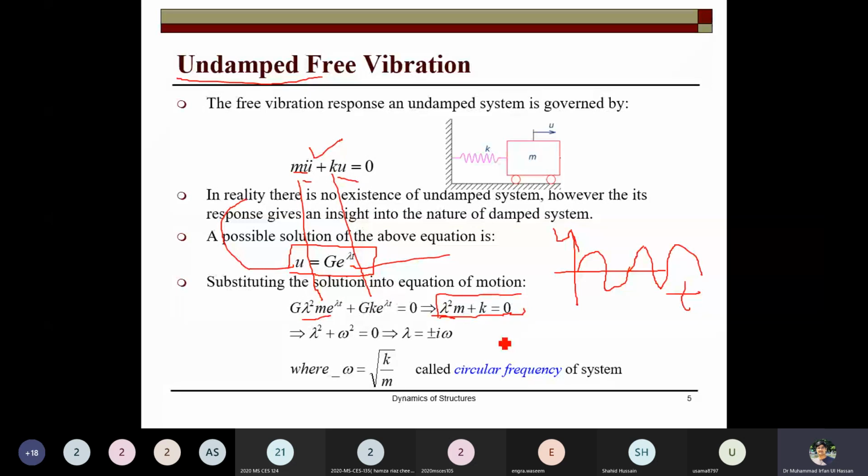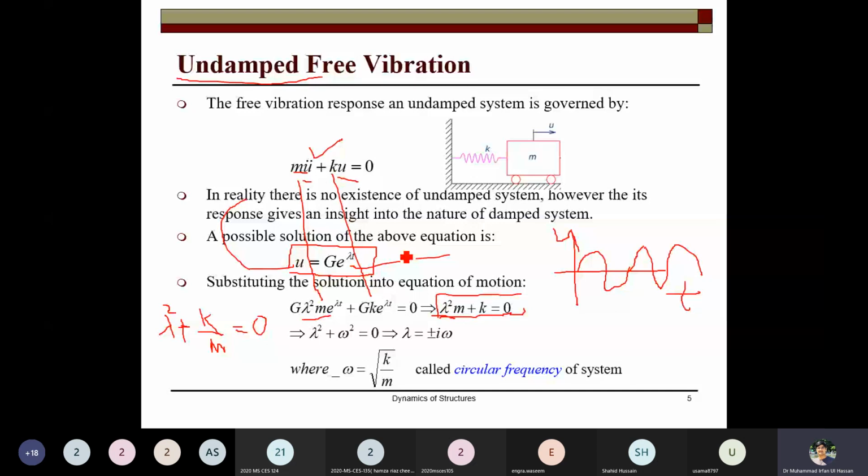Now you know that k over m is the circular frequency of the system. You have already studied that k over m is basically omega square, where omega is the angular frequency. So you can replace k over m with omega square, and the equation becomes lambda square plus omega square is equal to 0.